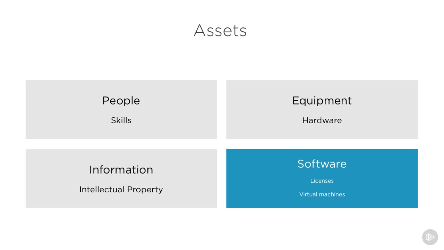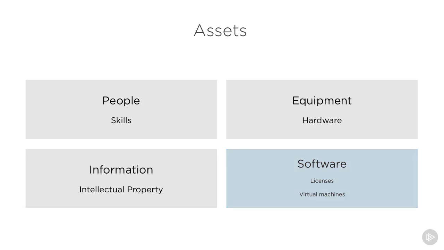We have purchased software, or maybe we've even built it ourselves. So therefore, we have to make sure we've protected that software. We're practicing proper license management. And in the cases where we're using virtual machines, even those virtual machine images should be a part then of our software asset management program.